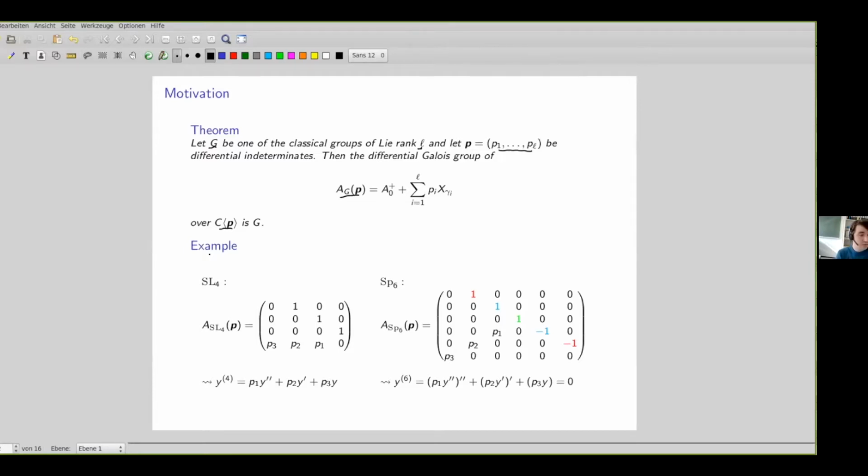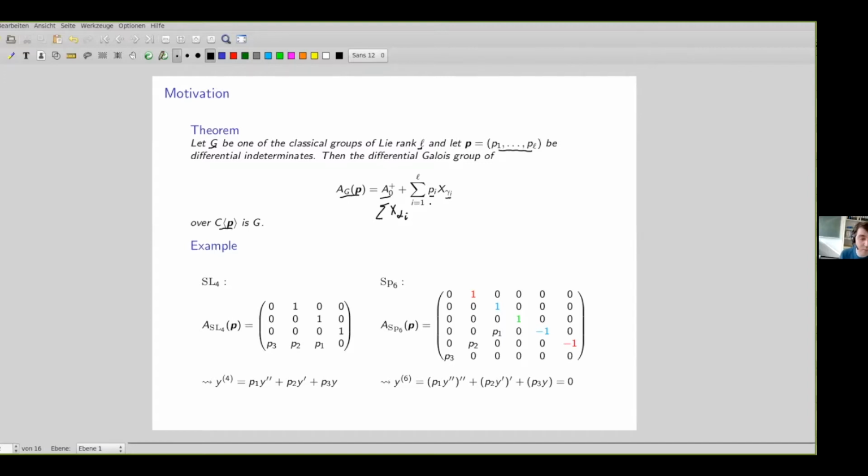geometrical structure of the group and of the Lie algebra, which means that when we choose a root space decomposition, this matrix A0 plus, this is simply the sum of basis elements corresponding to the simple roots. And here in the second sum, we parameterize L root spaces corresponding to L specific negative roots gamma_i.